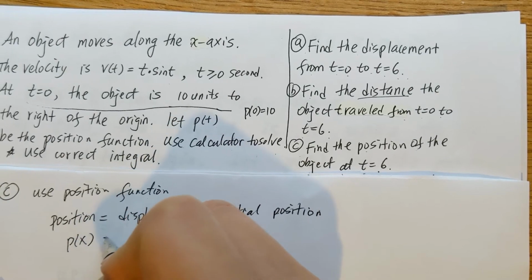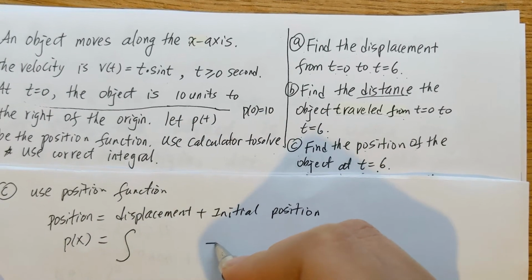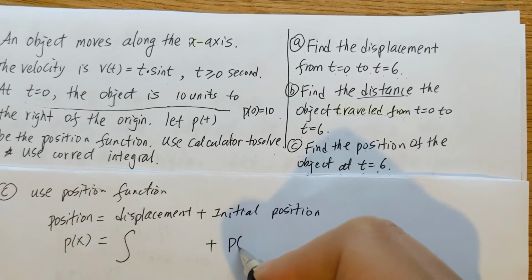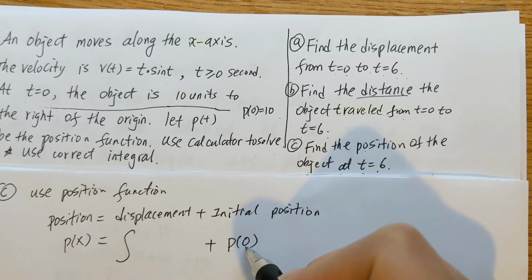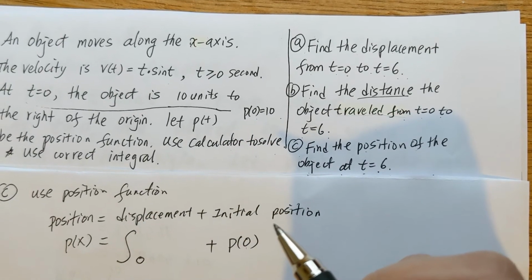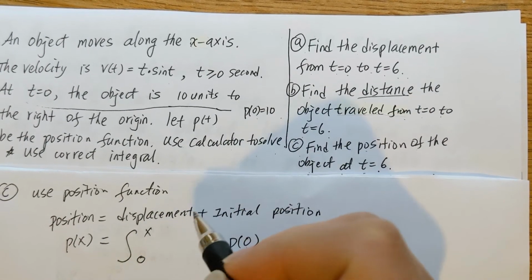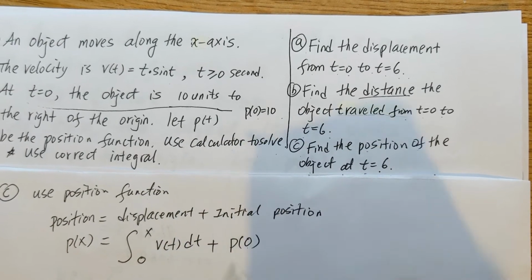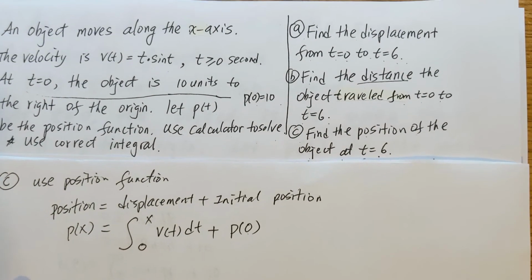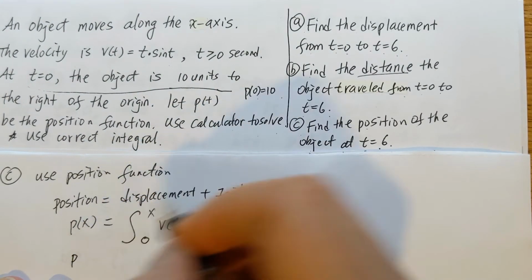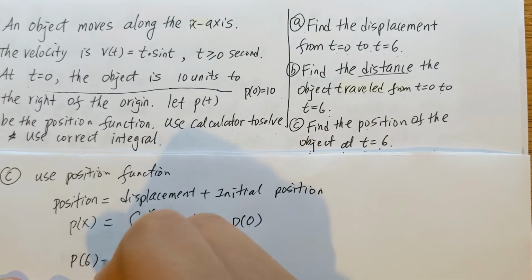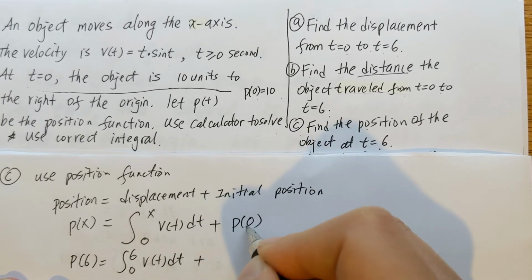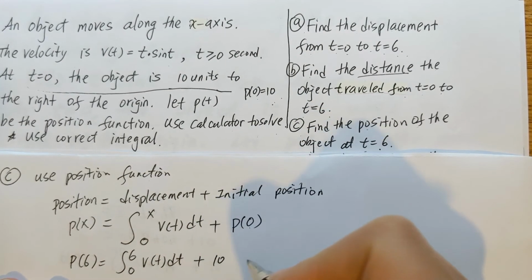So we have p of x equal integral, plus the initial, which is p of 0. This is 0, so you begin with 0 and put x over here. The delta of p is v. So we got our equation. Now we put in 6. So we do 0 to 6 v of t dt, and plus this is 10.